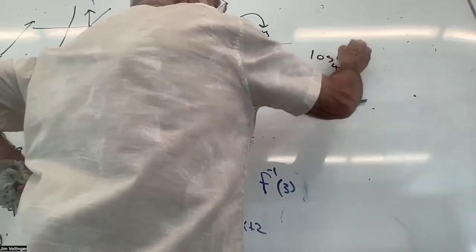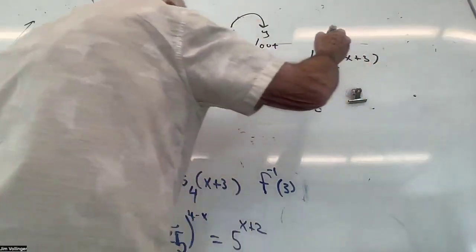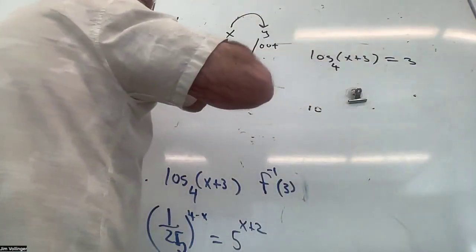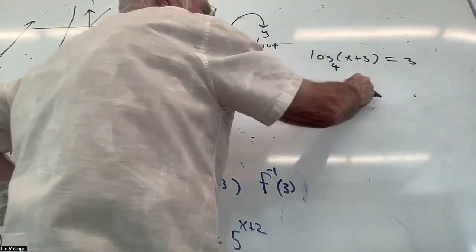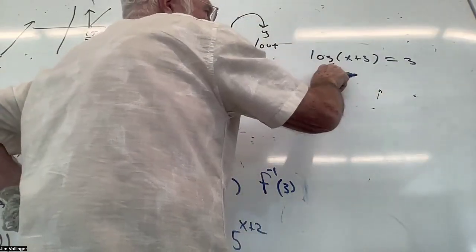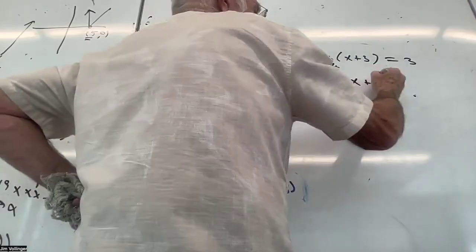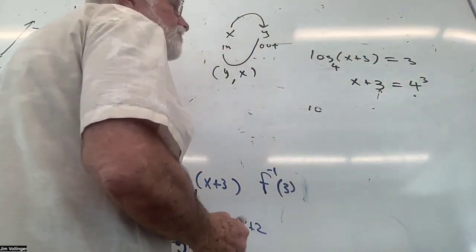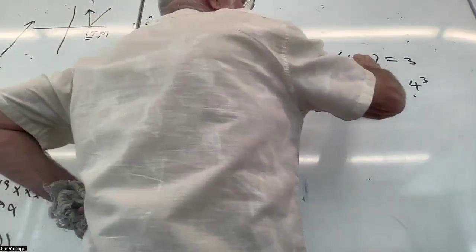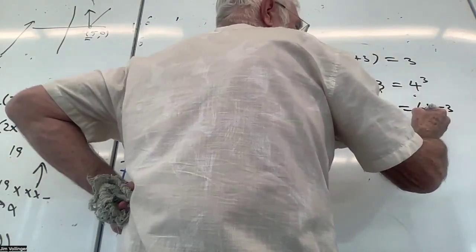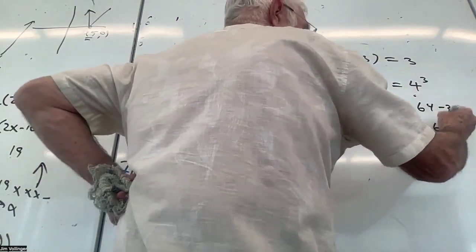Log base 4 of x plus 3 is equal to 3. Okay, so how do I do the inverse of that? It's not a friendly number, but you got to know the inverse of log base 4, which is equal to 4 cubed. Oh, that's actually a nice number. And now I have to subtract 3 from 64, and it looks like my answer is 61.